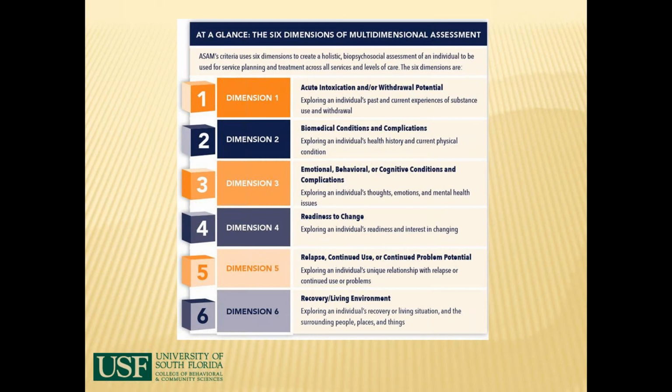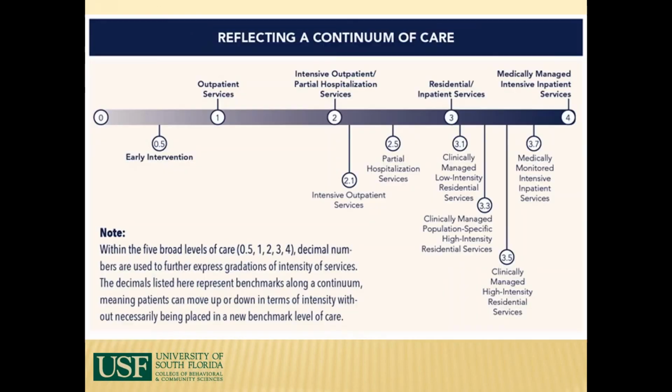So these are the 6 dimensions, and counselors assess for these 6 areas, and they have a sense of what this person's needs are. And they use that needs assessment to determine the appropriate level of care. And you kind of see on this continuum here what these levels of care are, ranging from 0, which is the person really doesn't need care, to 0.5 early intervention, which is, okay, there are signs, some risk factors here, but we don't think they have a substance use disorder.